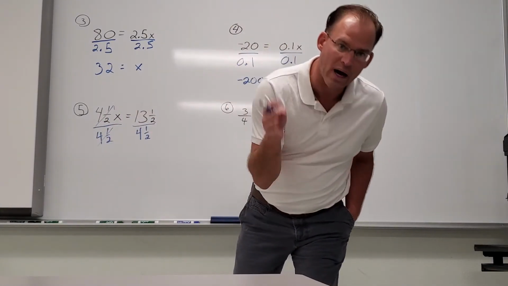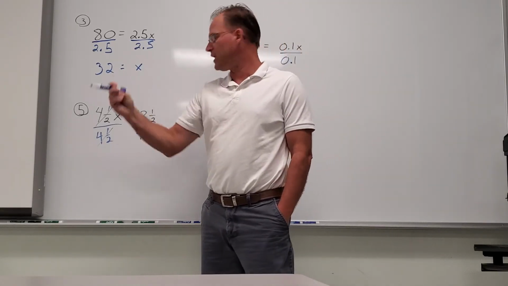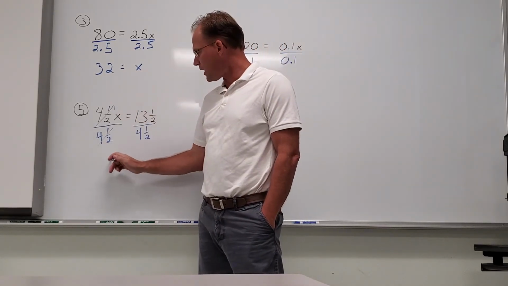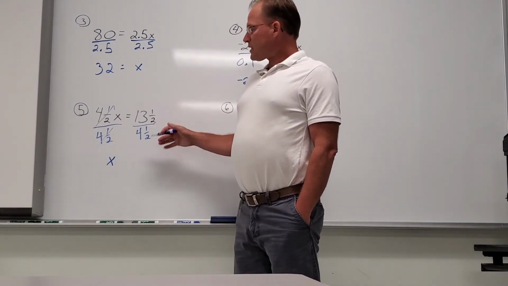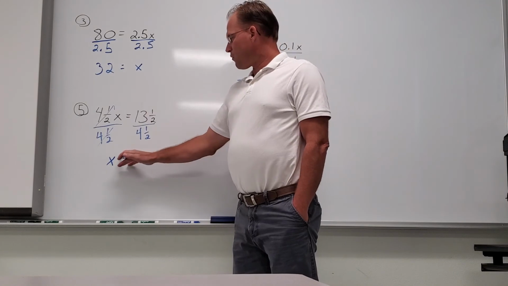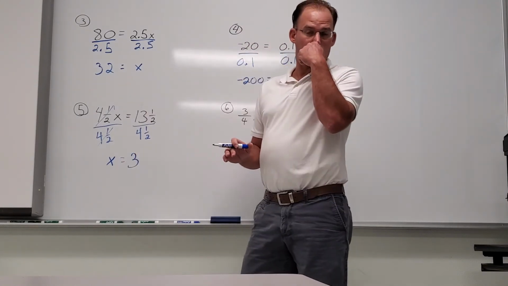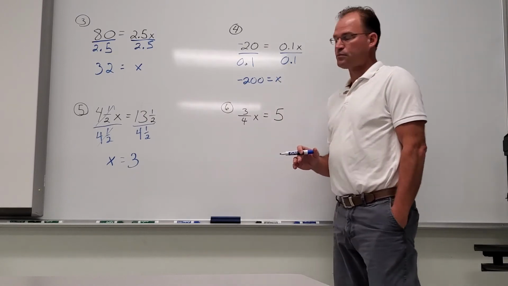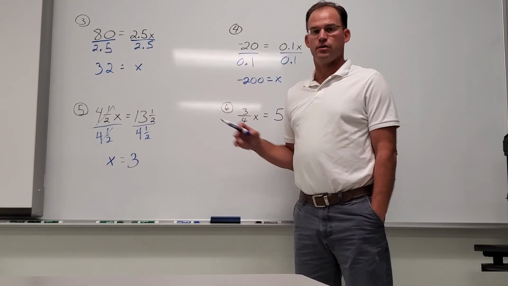That's the reason why we do the step, to make that go away, to divide and get 1, so we have just a plain x left over. On this side, 13.5 divided by 4.5, it's going to come out to be 3. Okay? Again, go to the calculator, punch it in, get your answer.